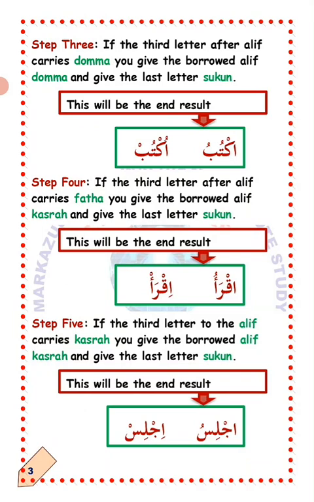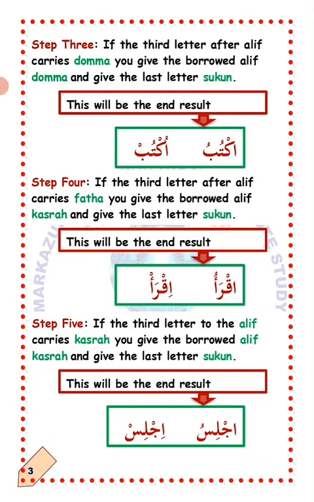So the amr from yaqra'u will now be iqra', by giving sukun to the last letter, which is the main sign of amr in Arabic. So the amr from yaqra'u is iqra', reading alif with kasra because the third letter is carrying fatha. La'allaka fahimt? I hope you understand.